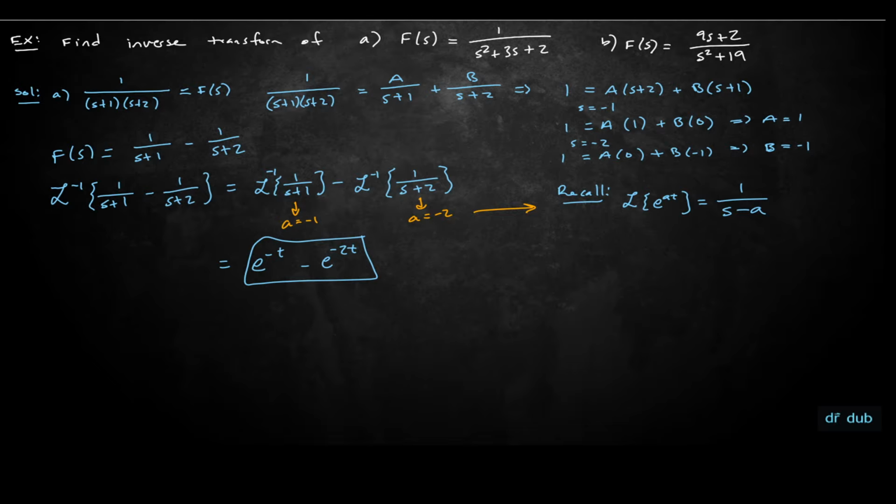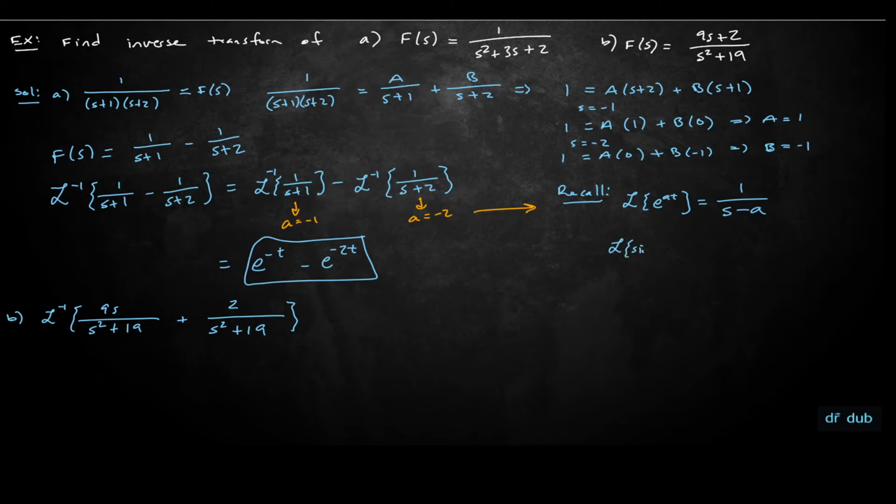Okay, second one, part B. All we have to do for the second one is actually just write it as 9s over s squared plus 19 plus 2 over s squared plus 19. Also recall Laplace of sine and cosine.